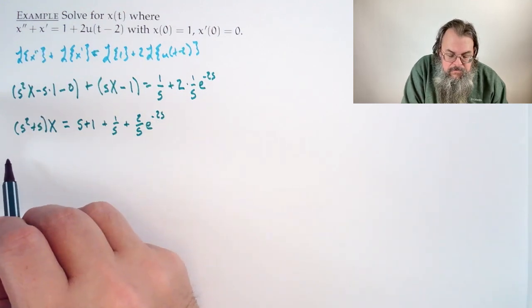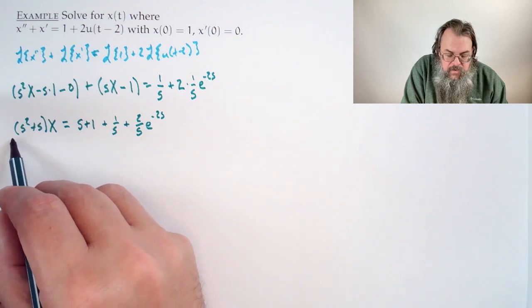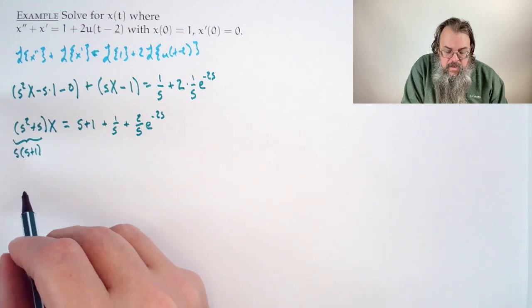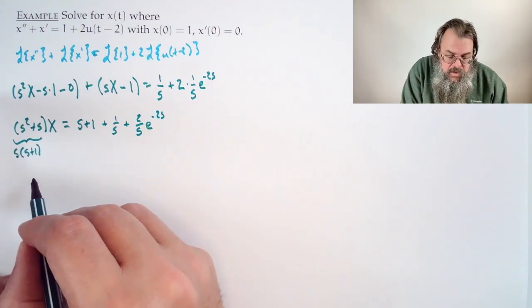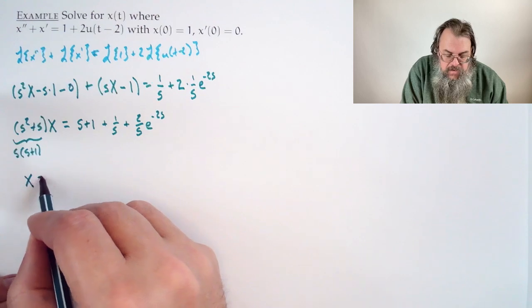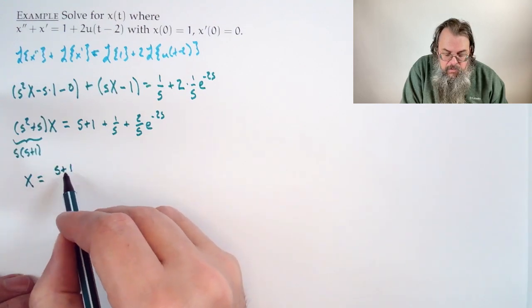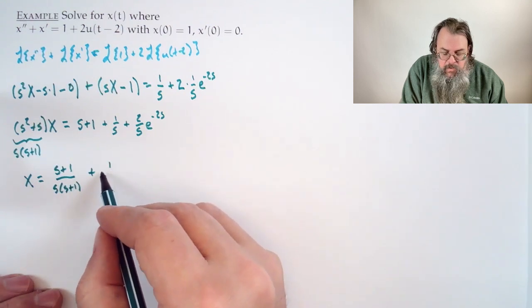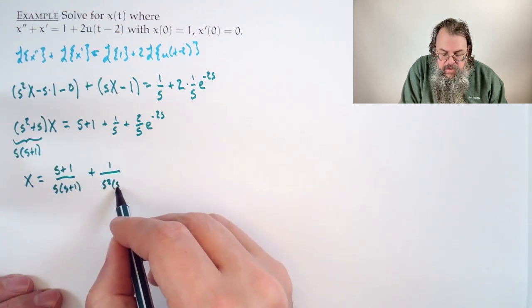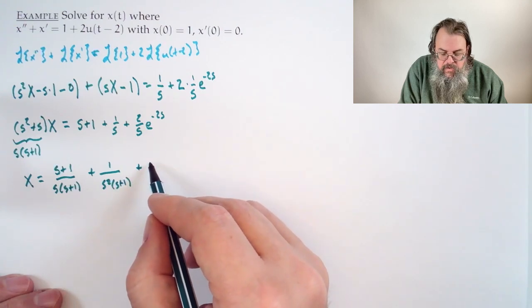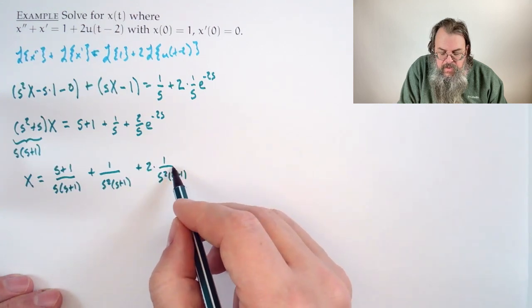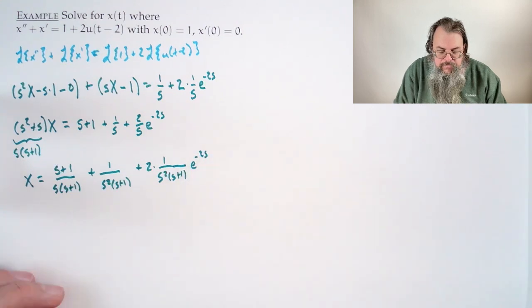And so this s squared plus s, of course, is the same as s times s plus 1. And when we divide, we get the following. X is equal to s plus 1 over s times s plus 1, plus 1 over s squared times s plus 1, plus 2 times 1 over s squared times s plus 1, and e to the minus 2s.